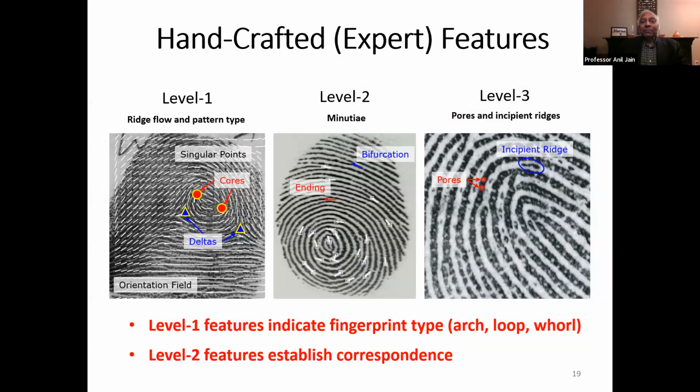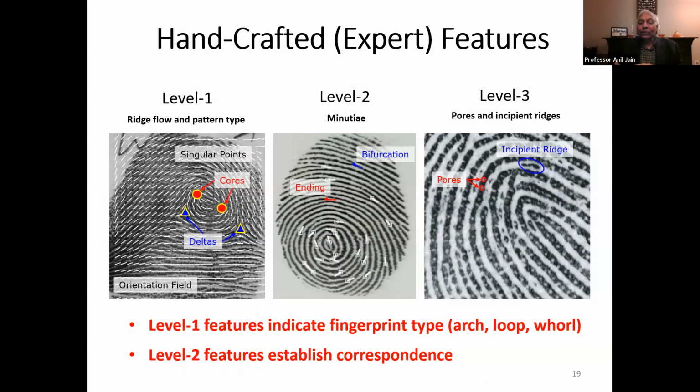So given a fingerprint, there are 3 levels of features we can extract. At the lowest level, which gives you the gross characteristics, what is referred to as the ridge flow, how the ridges are flowing, that's referred to as level 1. And it determines what type of fingerprint it is: arch, loop, whorl.